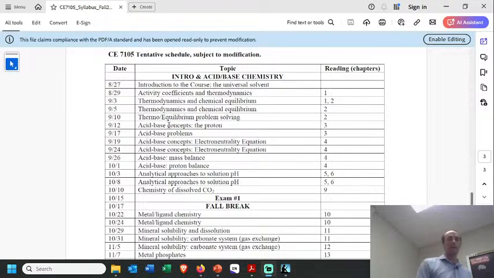Just a little taste of that today, and then we'll go into thermodynamics. How can we predict equilibrium chemistry? What are the different ways to do that? A little bit of a refresher on fundamentals of chemistry, activity coefficients, and things like that. So next time it'll be fundamentals and refresher type of class, and then launching into chemical equilibrium.